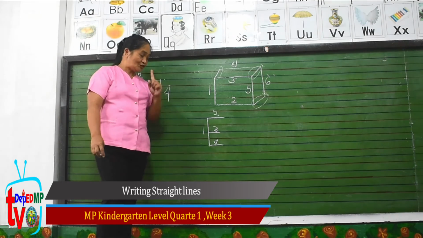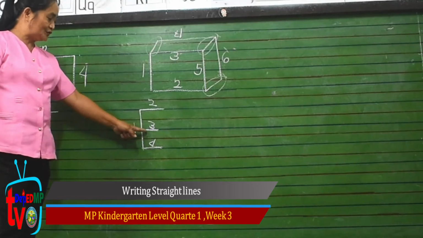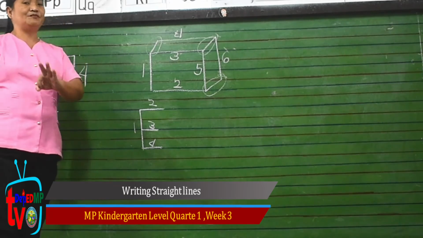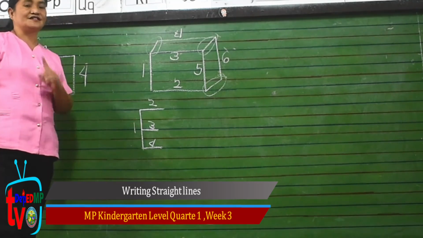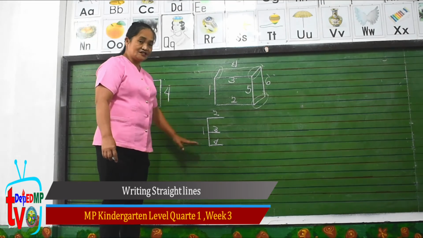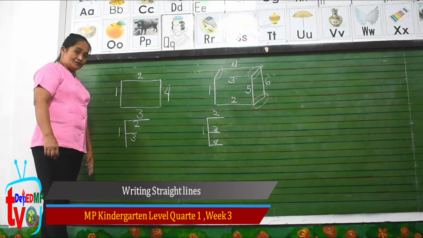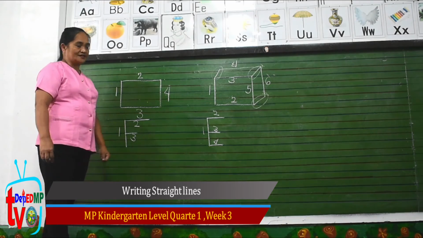Yes, they're all straight lines. How many sleeping lines? 1, 2, 3. 3 sleeping lines and 1 standing line. That is for this figure. Okay, very good. Have you got the correct answer?